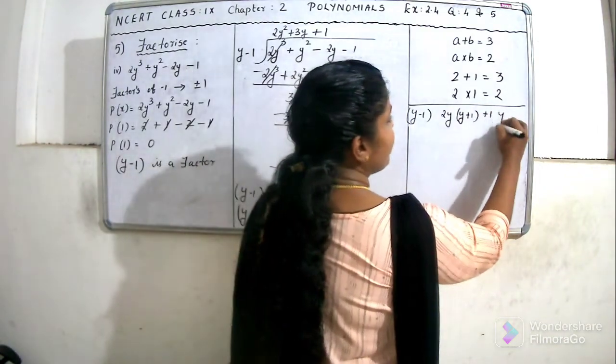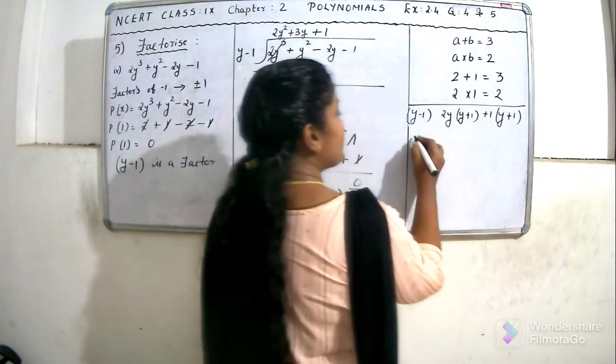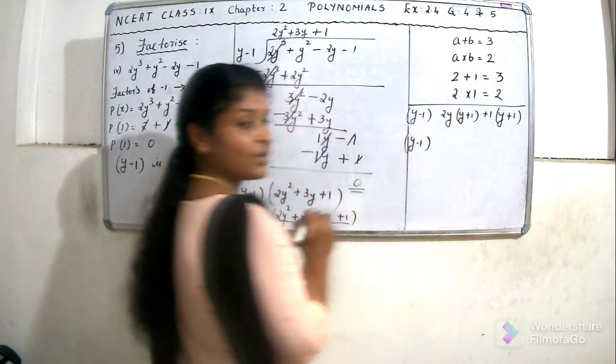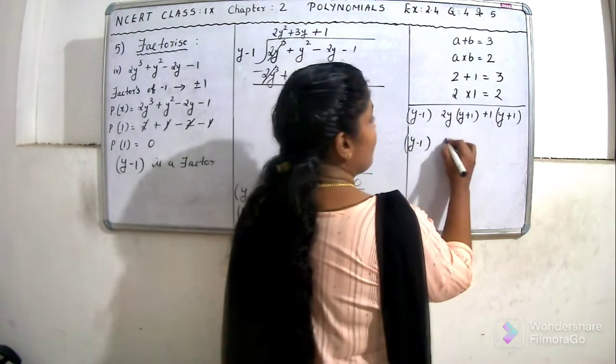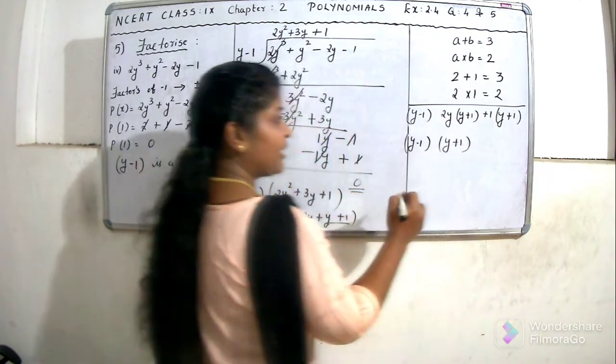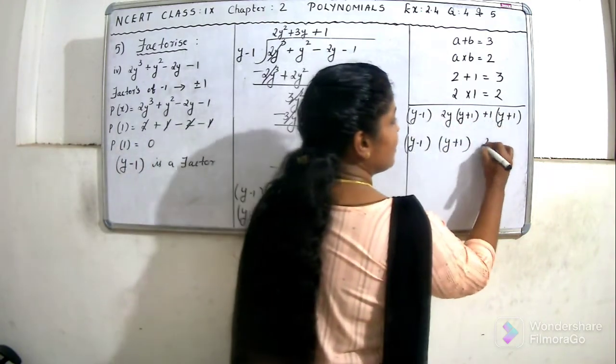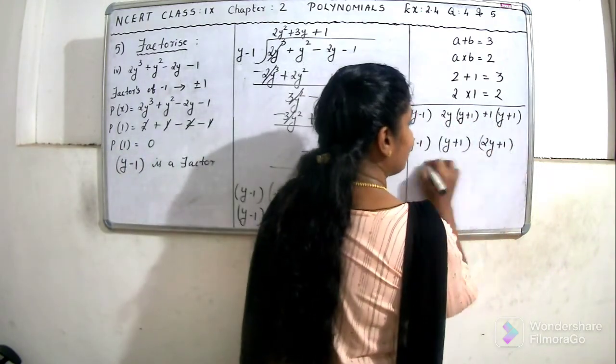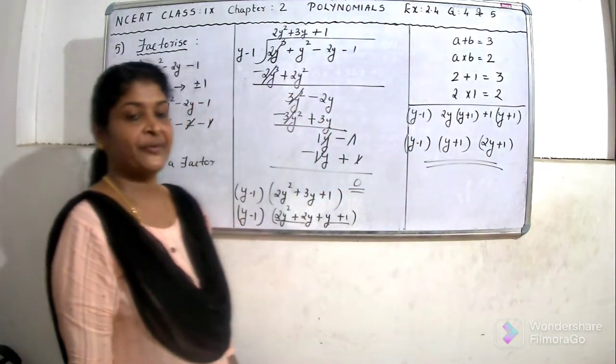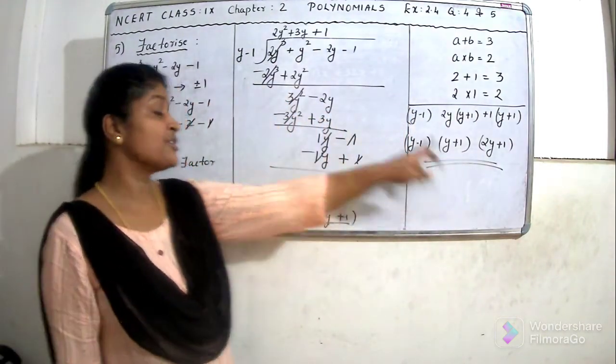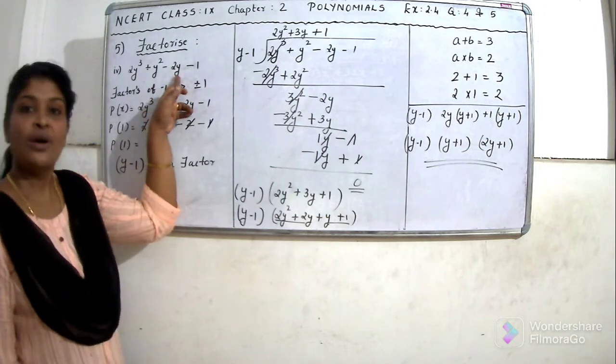So plus 1 we are taking outside. Okay. So y minus 1 first factor, y plus 1 second factor, 2y plus 1 is the third factor. And these three are the factors for this particular polynomial.